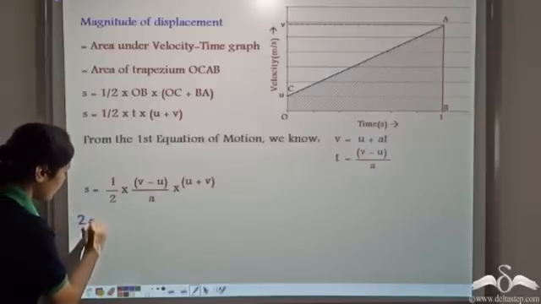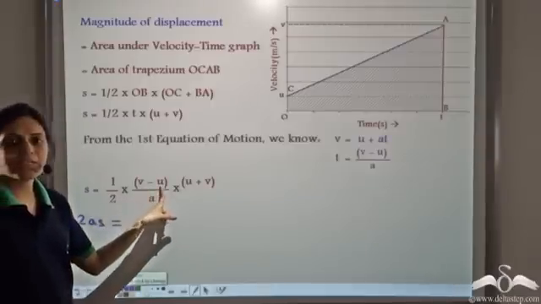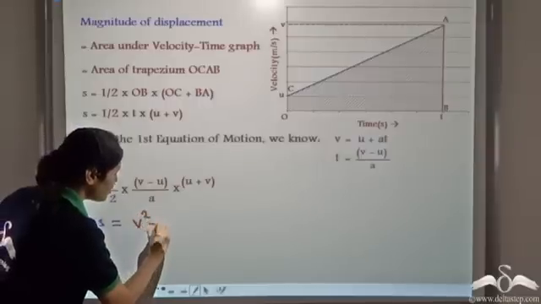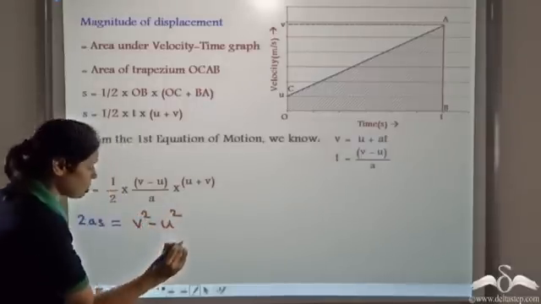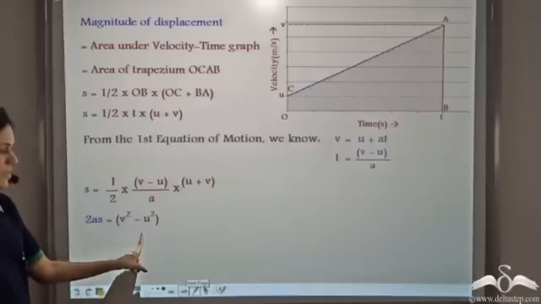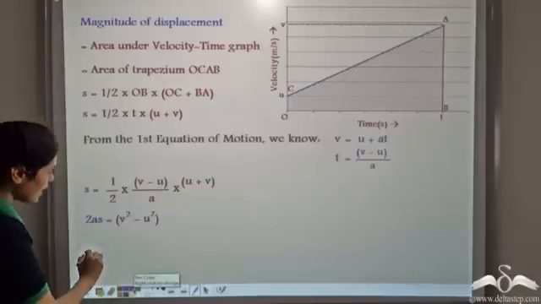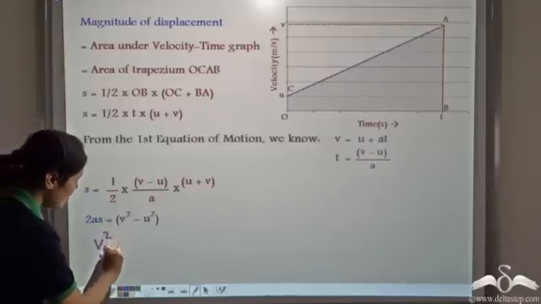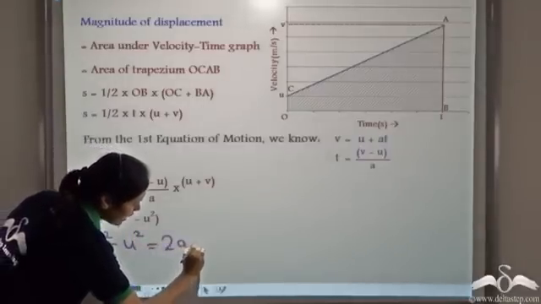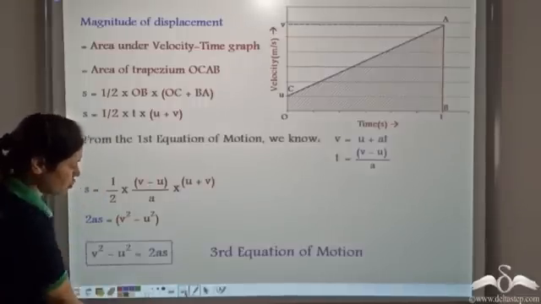We get 2AS is equal to V minus U into V plus U, which is V square minus U square. So 2AS is equal to V square minus U square. Hence, we get V square minus U square is equal to 2AS. And this is our third equation of motion.